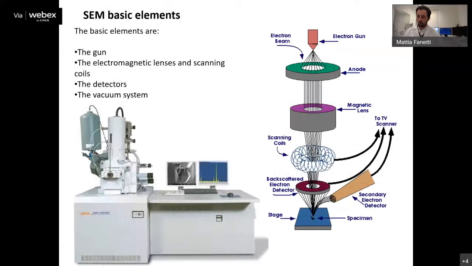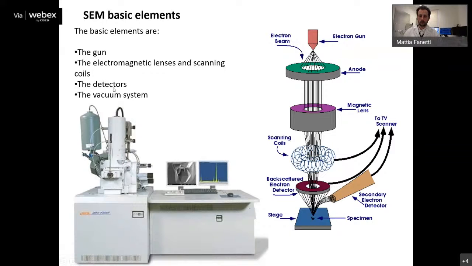Let's go on. So what are the basic elements in a SEM? The basic elements are the gun, which emits the electrons, typically at the top of the column. Then there is a column where electromagnetic lenses and other elements, used to focus and shape the beam and also to raster the beam, are situated.